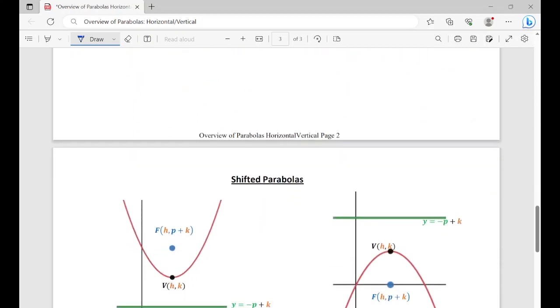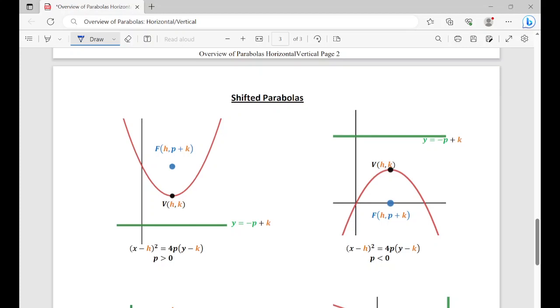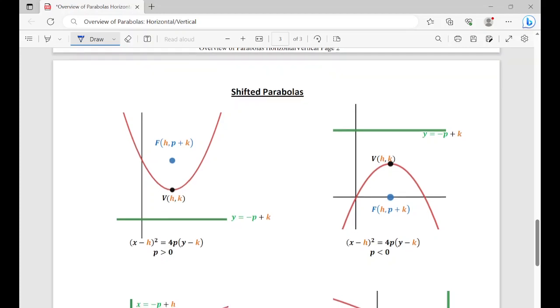But there are also shifted parabolas. So these are the equations for a vertical parabola shifted. And the equation is going to be, if it's opening up, x minus h all squared equals 4p times the quantity y minus k, where p is greater than 0, so it will open up.